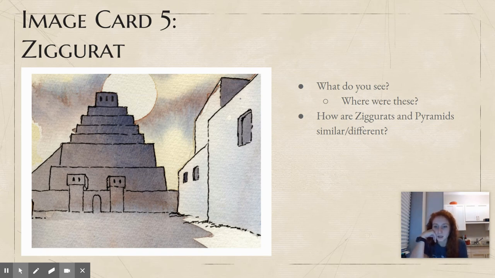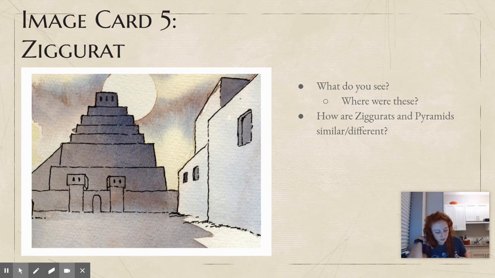What do you see in this picture? A ziggurat. And where were these? In Mesopotamia. So how do you think that ziggurats and pyramids are the same? And how do you think that they're different? So their shape is kind of the same. They're both tall and large, okay?